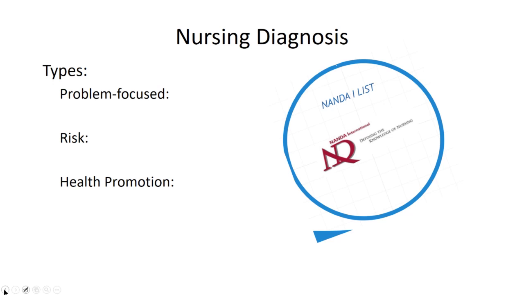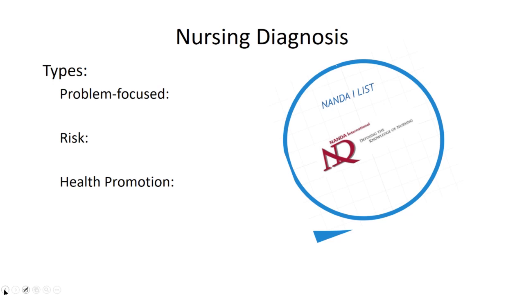These are the only diagnoses that nurses are permitted to use, the approved ones, though there could be others. If you see a different diagnosis and you think it's important, you send it to the NANDA-I organization, and they will look at it and vote to see if it should be included in the next list. There's a list in your book of all the ones that you are permitted to use.